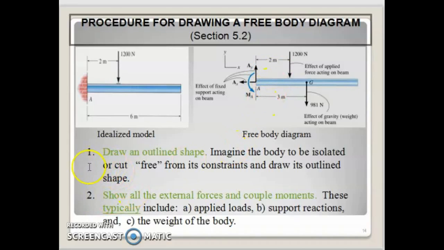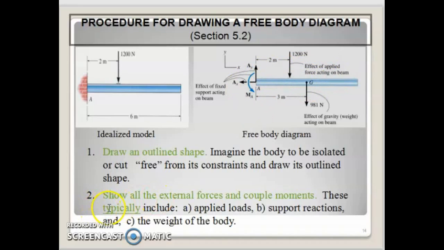The first step is to draw an outline shape. Imagine the body to be isolated or cut free from its constraints and draw its outline shape. So you draw the outline shape of the structure here, and take out anything other than the structure.